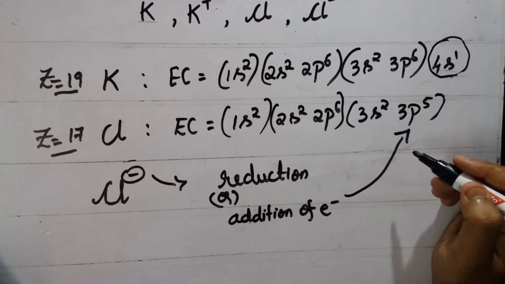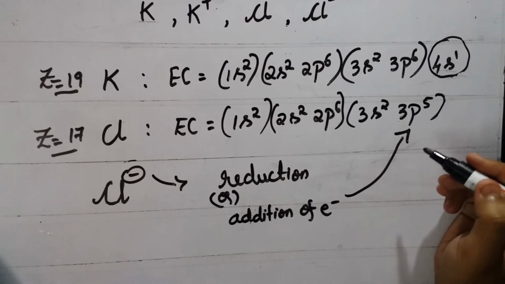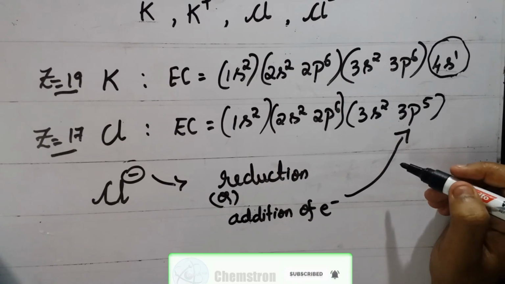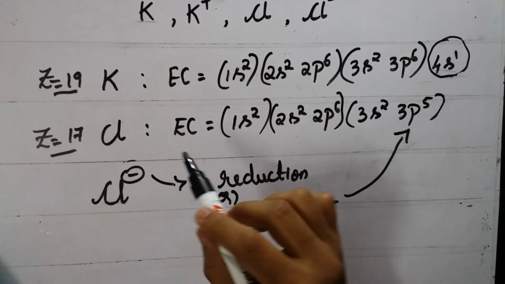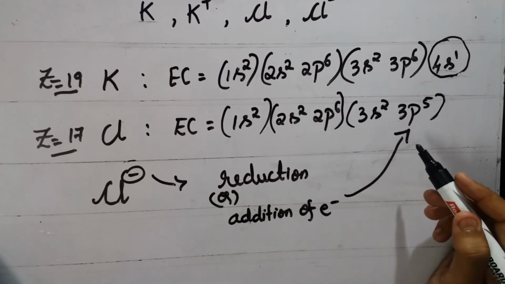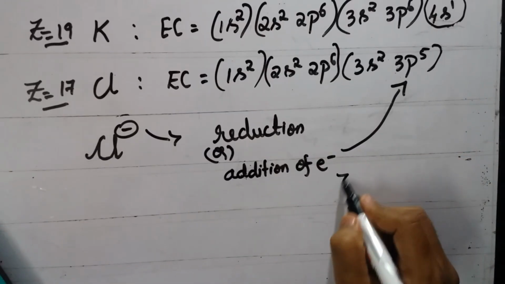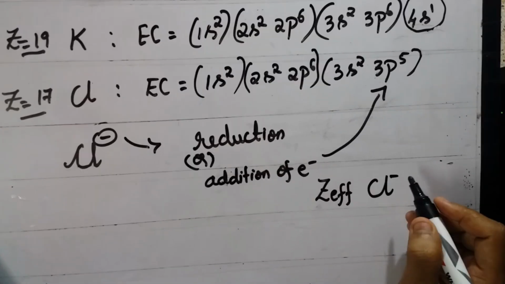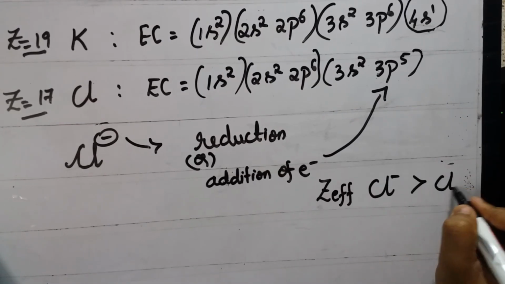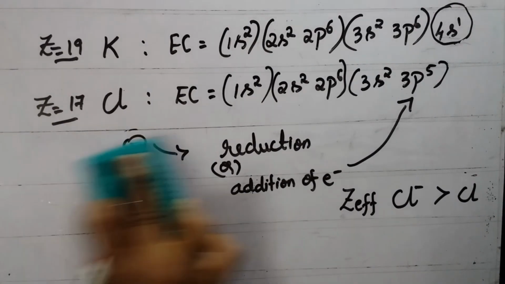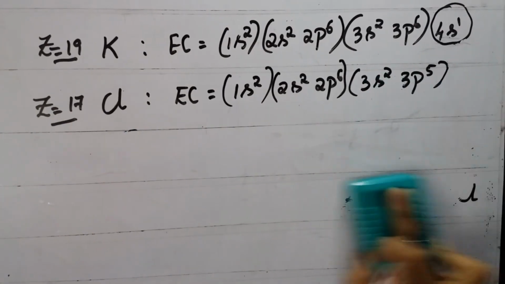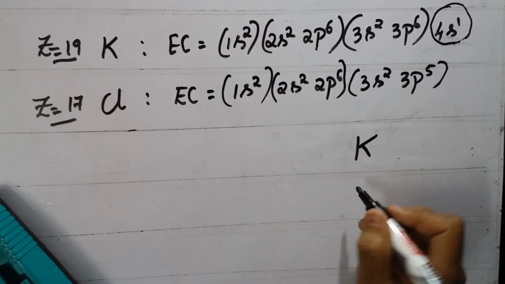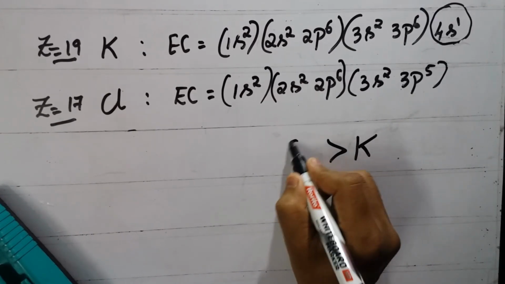As we have discussed, if the electron is being added to the same shell, the Z effective or the effective nuclear charge between the nucleus and the electron increases. Hence, we can say Z effective of chloride Cl minus is greater than chlorine. From this, we can say that potassium has the least Z effective compared to chlorine.